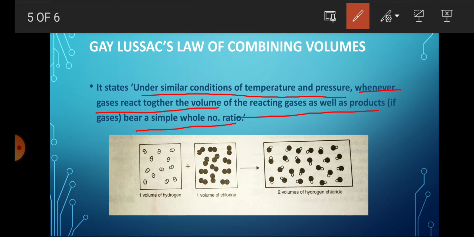This means that if we take 1 liter of hydrogen and 1 liter of chlorine, 2 liters of HCl will be formed.